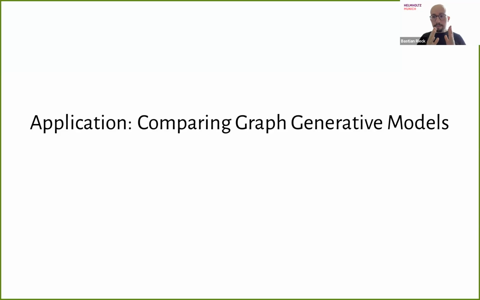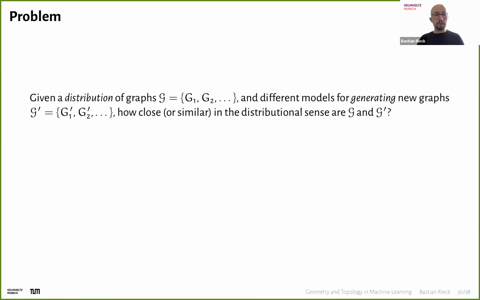Now, as the last application, I want to show you how to use curvature to compare graph generative models. This is where we throw everything that we heard before, all the geometrical and topological concepts, together and see what we can do with that. The main problem that we want to address in this work is: if we have a distribution of graphs and different models for generating new graphs, how close or similar in the distributional sense are these two distributions?